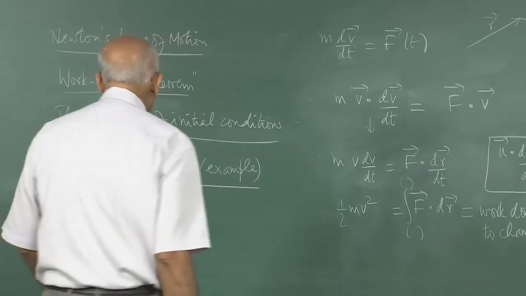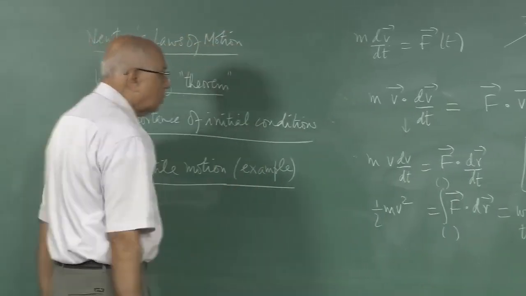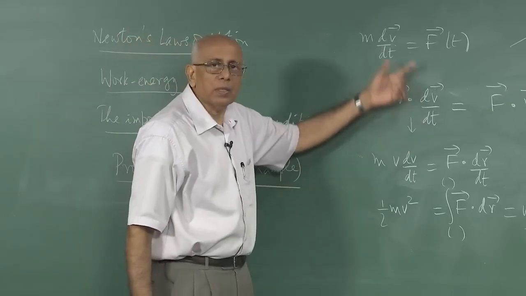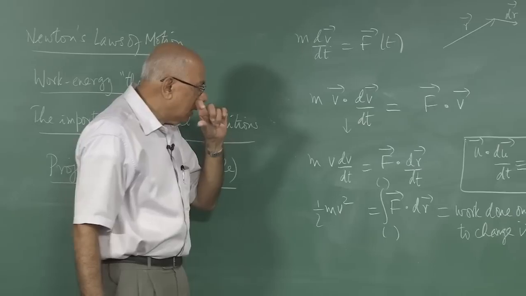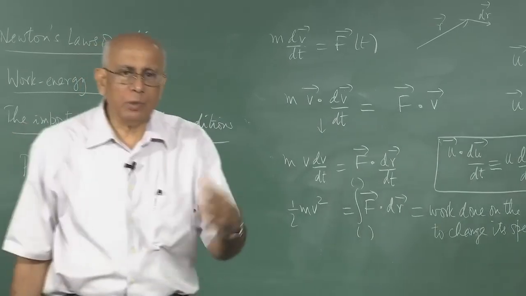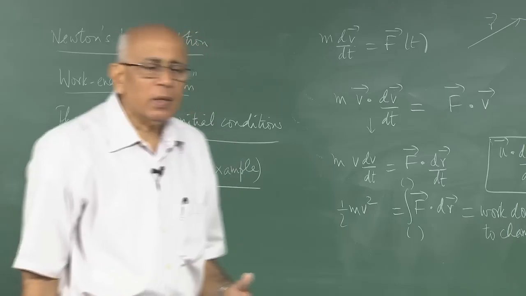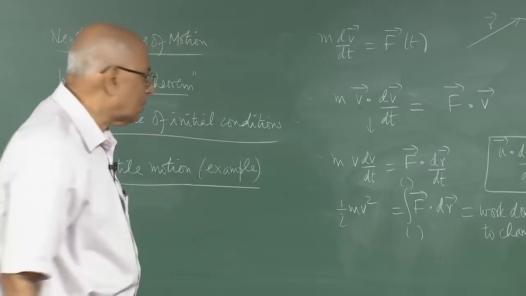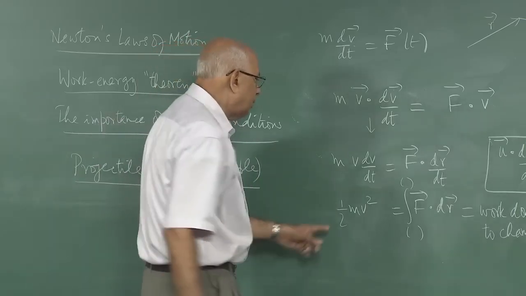This is the so called work energy theorem, quote unquote, because it is just a straightforward consequence of Newton's equation here. It says the work done in moving an object from rest to give it some speed v is called the kinetic energy of this object, and it happens to be half mv squared.